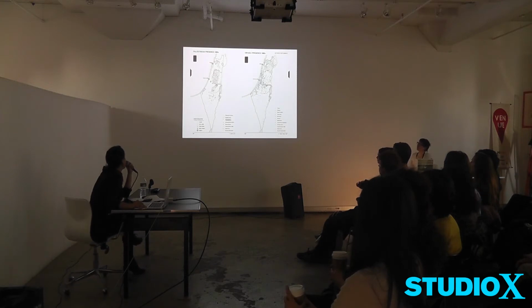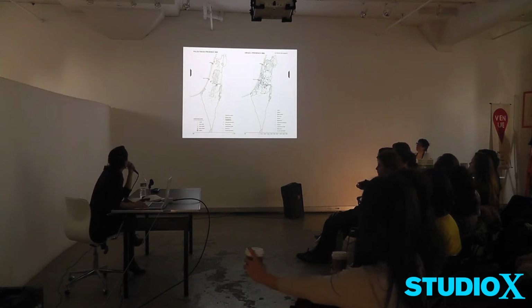This is a map from the 1990s. What you see here is after the peace agreement with Egypt, Israel withdrew from the Sinai Peninsula, and the settlements here disappeared. That's a map from 2000.